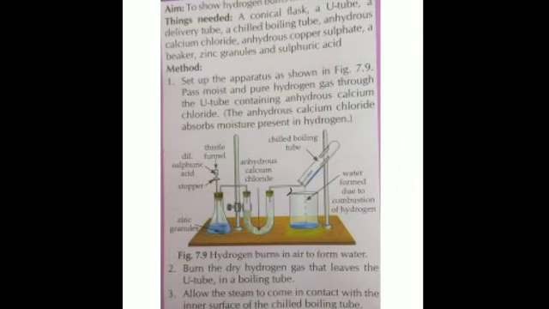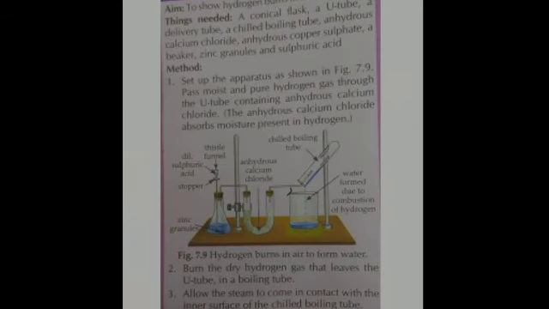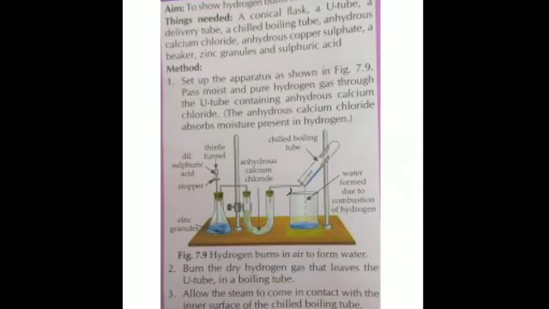So we had taken anhydrous copper sulfate. So hydrogen gas burns with a blue flame, and this water can be tested by sprinkling it on white copper sulfate, that is anhydrous copper sulfate, which turned blue when water was added to it, and this water was formed by the reaction of hydrogen with oxygen. So this is the test for hydrogen.